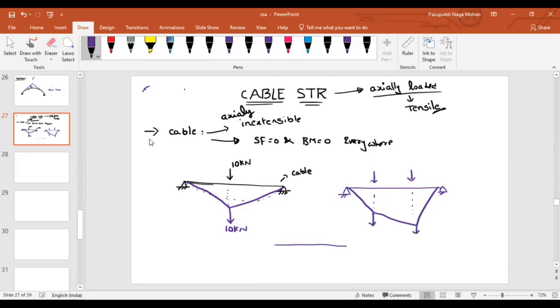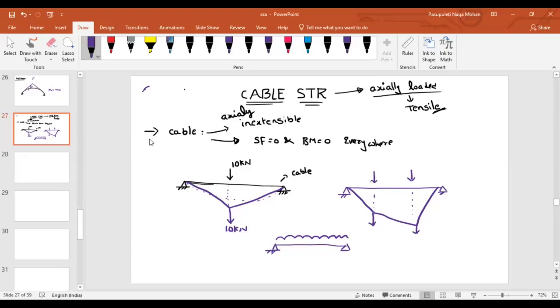Similarly, what if I apply a uniformly distributed loading? Can you give me a best example of a cable subjected to UDL loading? You might have done surveying. If you imagine a chain over there, obviously it will have its self-weight.